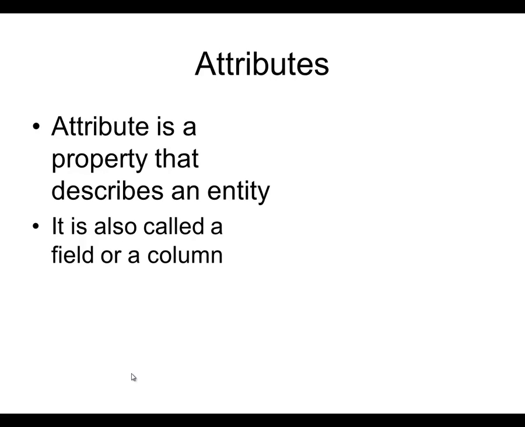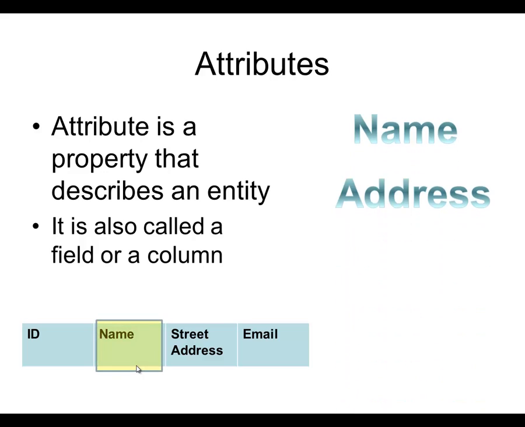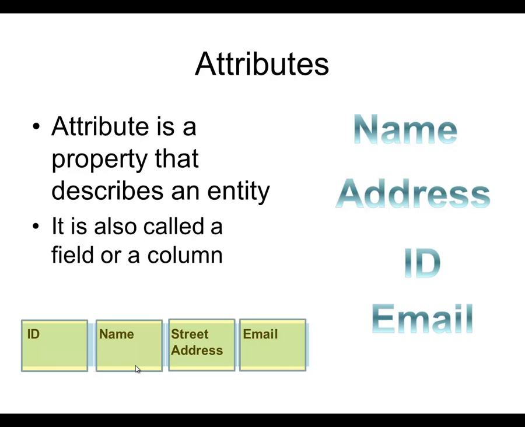An attribute is a property that describes an entity, such as name, street address, ID, email, and so on. You can add as many attributes as you want to describe that entity. An attribute is also called a field or column.